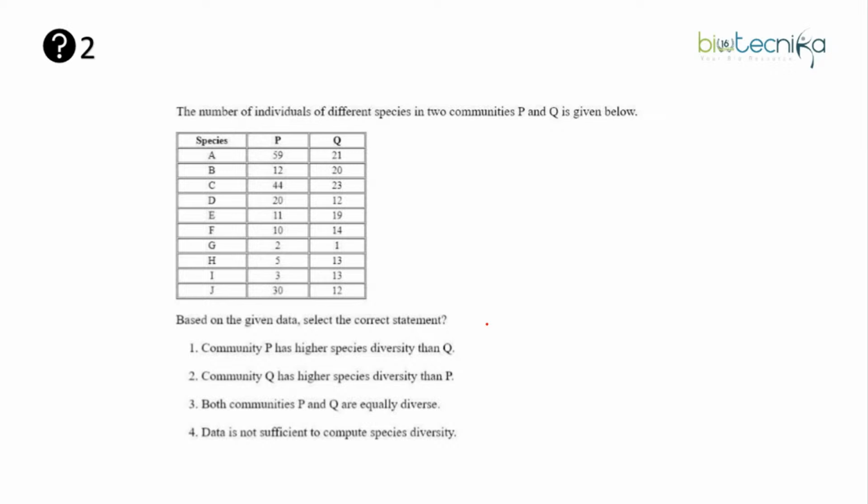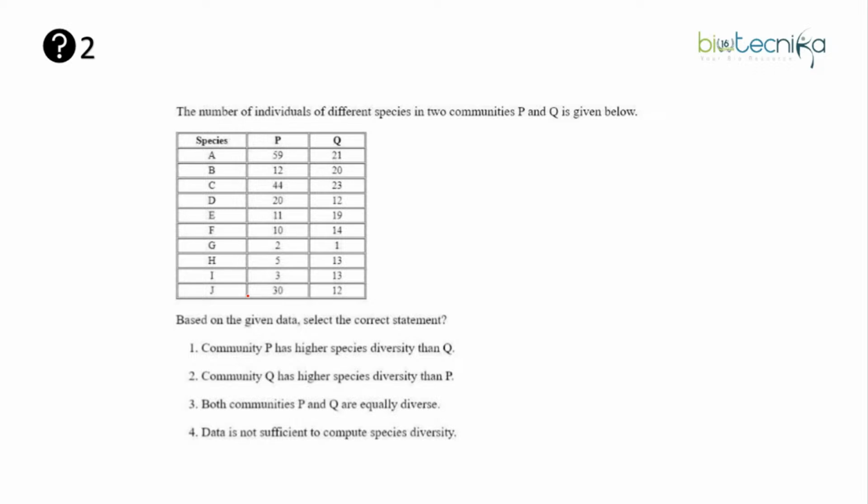You can find out the species diversity based on the Shannon index also or Simpson also. But don't you think it is going to take a lot of time? Because the number of species are many here, not just one or two. So instead of that, it's better to apply logic. Isn't it?